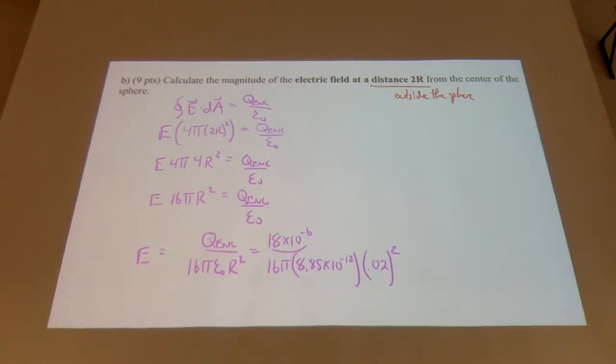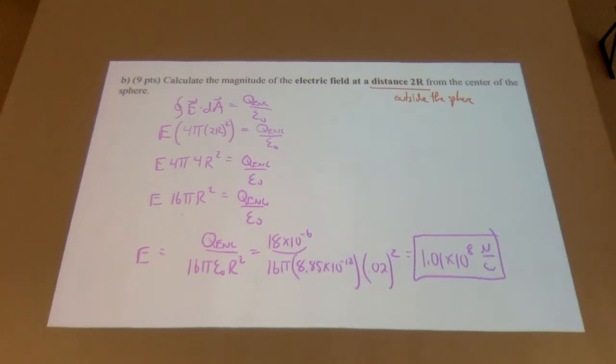And then somebody's going to tell me what all that gives you. Yeah. Interestingly enough, that's exactly half of what we had before. We had 2.02 times 10 to the 8. Now we've got 1.01 times 10 to the 8, not minus 8, 8 newtons per coulomb. Thank you. And that's the end of part B.